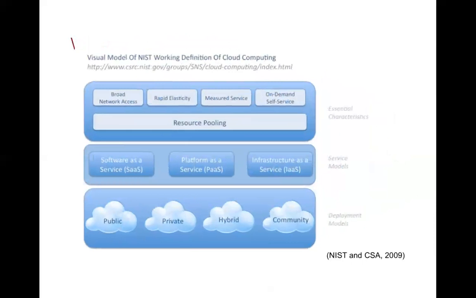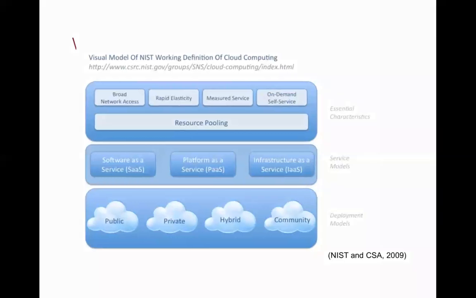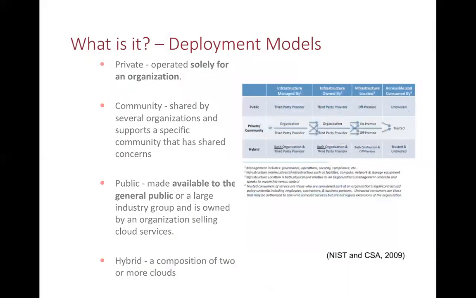This is a visual model of what types of clouds are available. There's public, private, hybrid, and community clouds. I'm sure you already know that there's software as a service, platform as a service, infrastructure as a service, and applications as a service. There's various types of cloud resources.